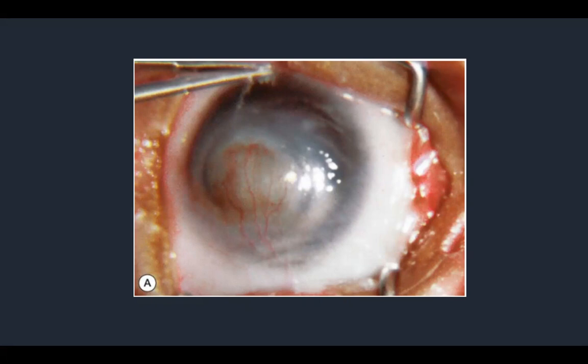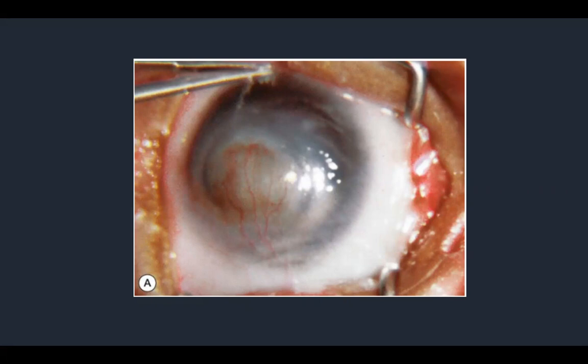How to approach? You need to examine everything as in congenital glaucoma plus the systemic. You need to take a good history, perinatal and family history, and after that the IOP. Why? Because they have more than 50% risk of developing glaucoma. So you need to follow them for the IOP. Treatment can start with medical treatment, and then you can go for surgical treatment if possible, but usually they have poor prognosis.